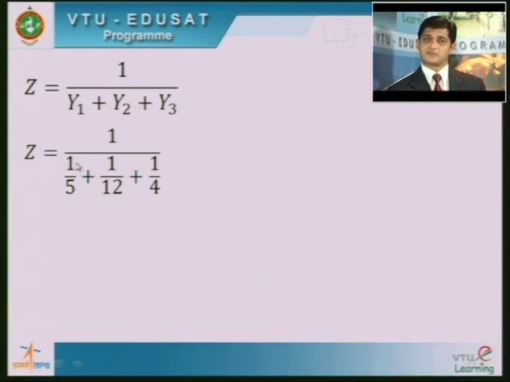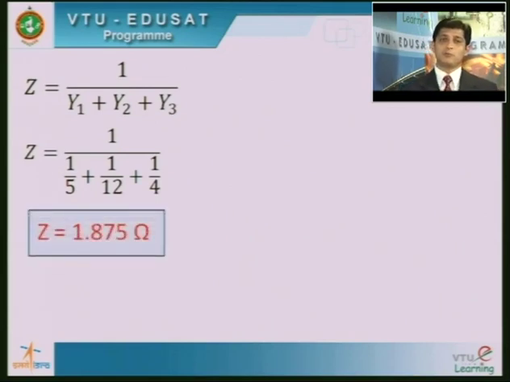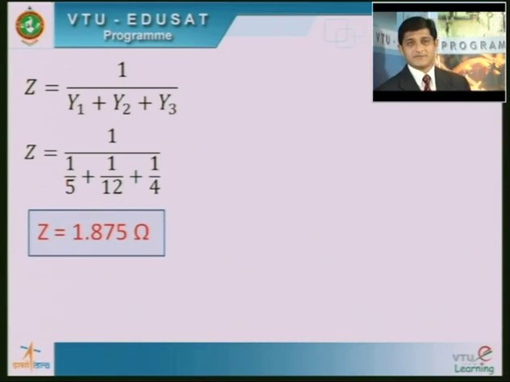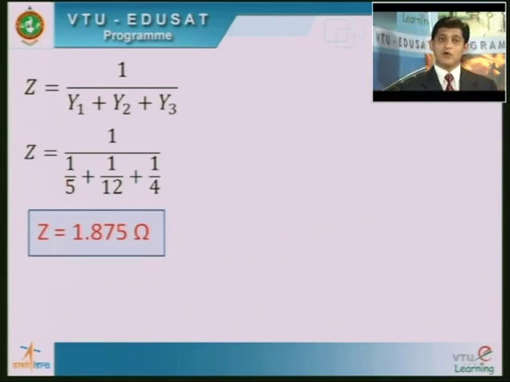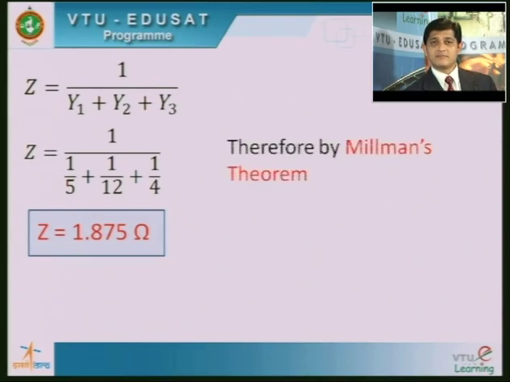That's why you have to substitute it as 1 by 5, 1 by 12 and 1 by 4 mhos. This gives us 1.875. So what have we done? We have obtained the value of E and the value of Z. So that means what have we done by Millman's theorem?